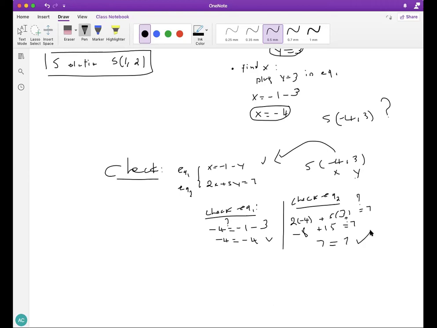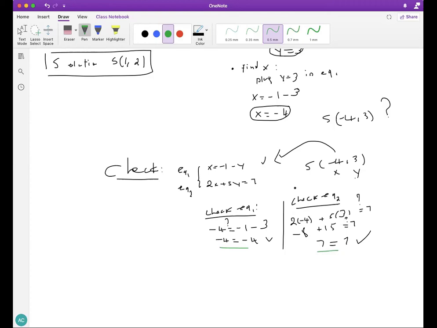So that works. So what do you say about this pair now? Is this pair a solution to the system? Yes, it is. It worked for this, it worked for this. So now that's the right solution.